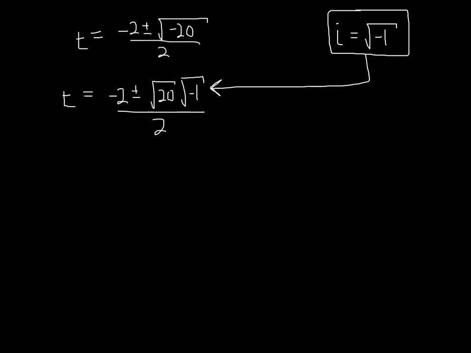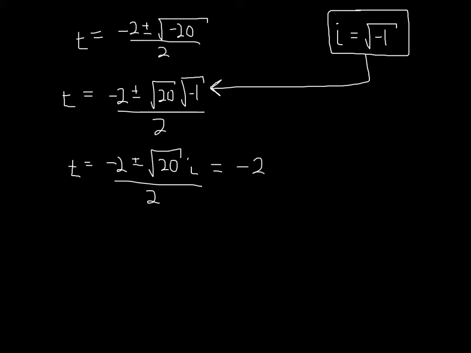So I can turn this into a complex number and find t is equal to negative 2 plus or minus the square root of 20 times i, all divided by 2. I can further simplify this even more. I can specifically simplify this stuff under the square root. So I can factor that out. I can figure out what two numbers to multiply together to get this.